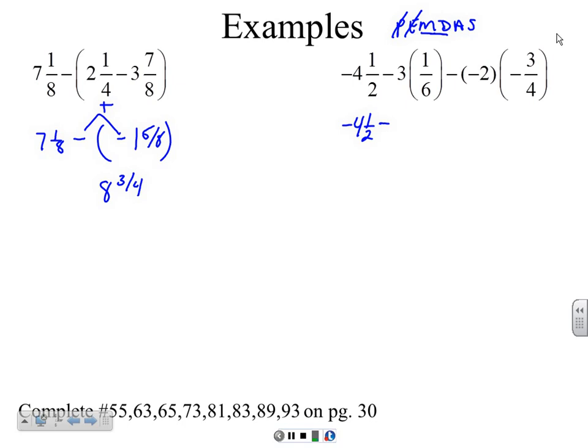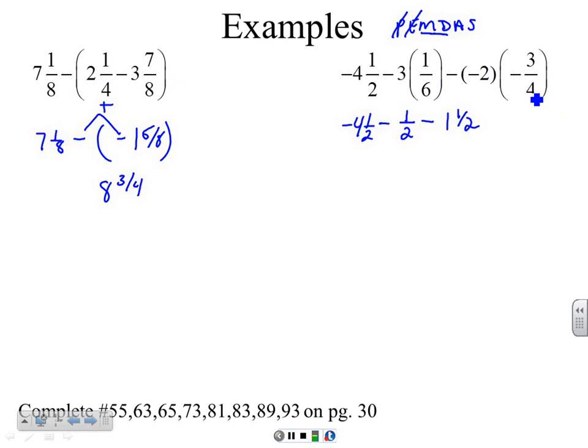Minus, and we're going to multiply 3 times 1/6, and you can do that in your calculator, and that's going to give you 1/2. Minus, and then we're going to do a negative 2 times a negative 3/4, and that's going to give you a positive 1 1/2, or you can write 3/2, however you want to write it, it doesn't matter.